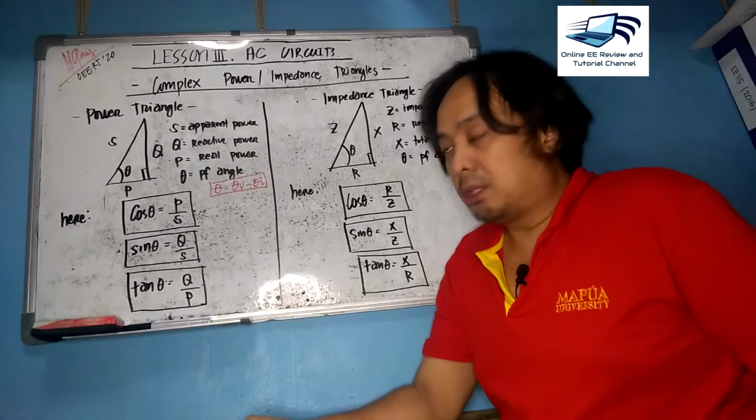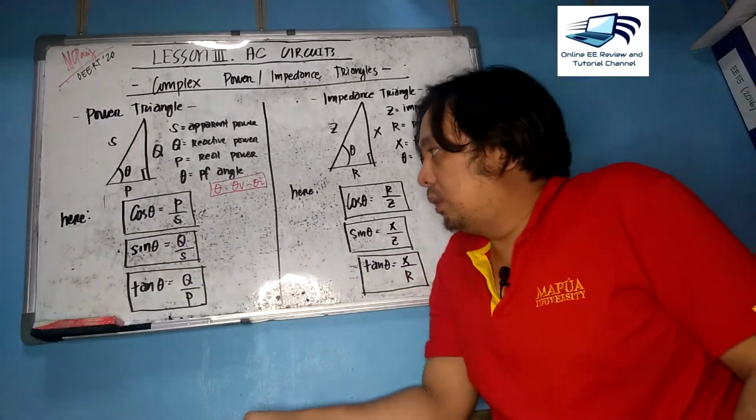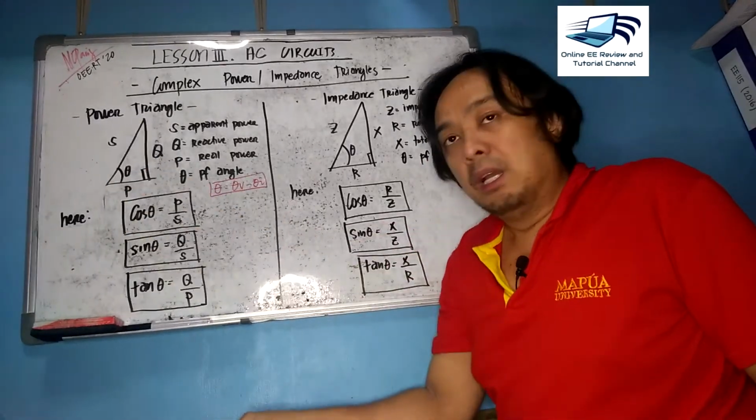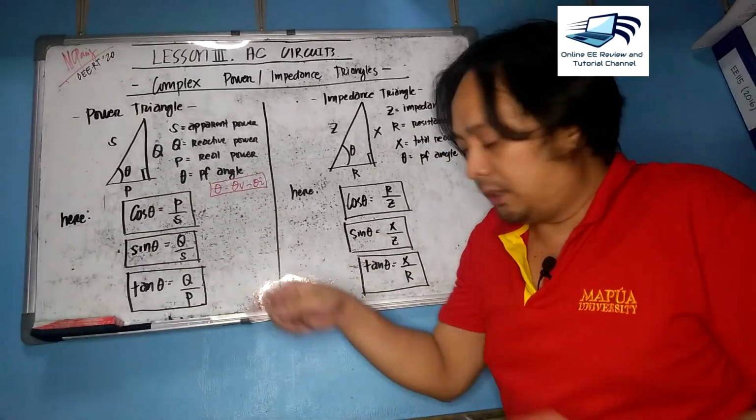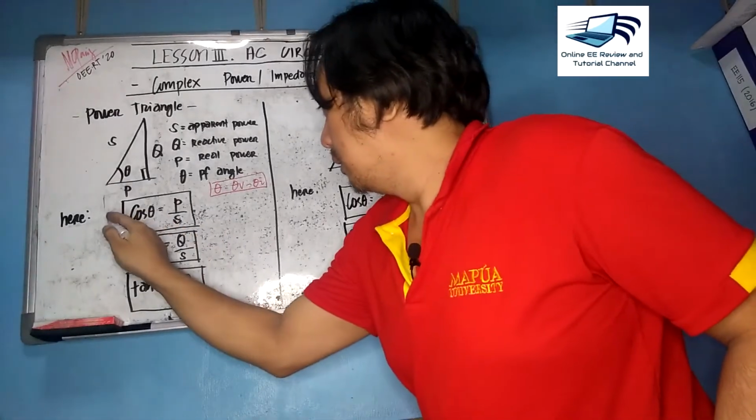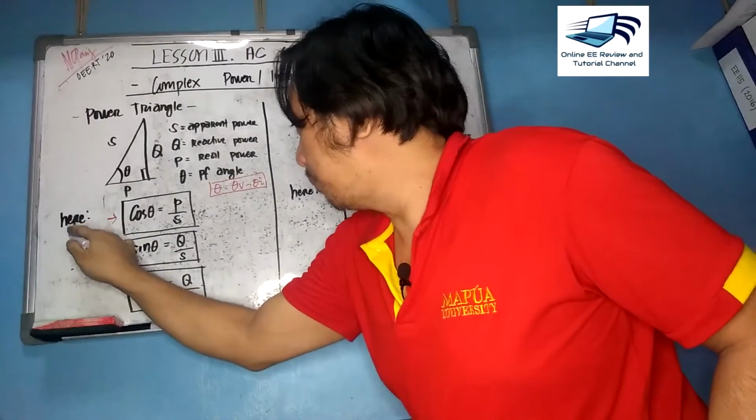First is the cosine theta, which is simply P all over S. In this case, the cosine theta is your so-called power factor.